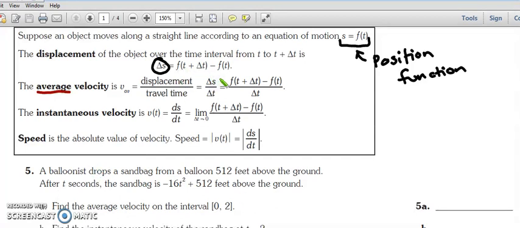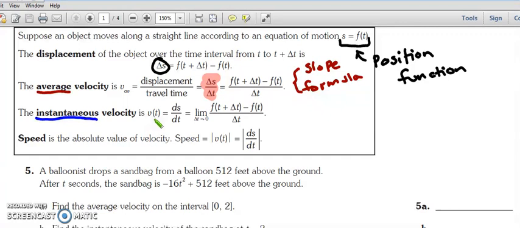So if you notice that the average velocity is just the slope, delta s over delta t, or the change of s over the change of t, and it's an average just like the average rate. We can use the slope formula. Now when you look at instantaneous velocity, I want you to compare that to instantaneous rate, where it's pretty much a derivative.